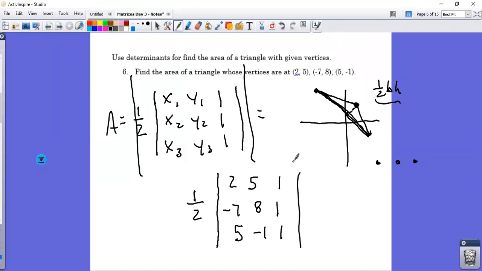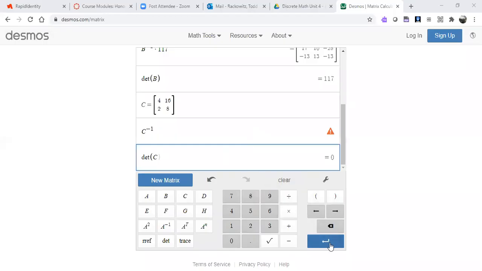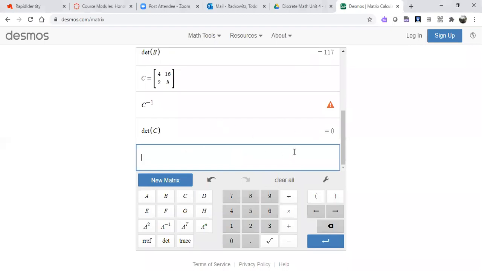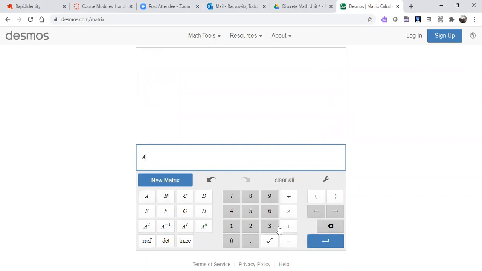So let me, do I have that here? Yeah. So back to see how that works in Desmos. Again, I'm not going to use any of those. Remember, once I clear all, I can't call back up that A matrix I already typed. So be careful about clearing all if you plan to use the matrix again. So I need a new matrix.